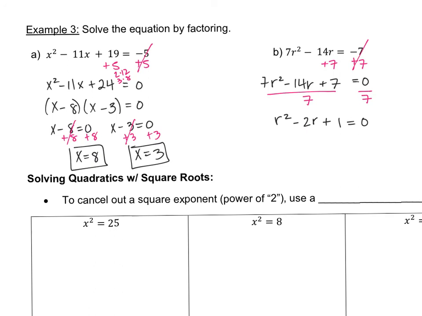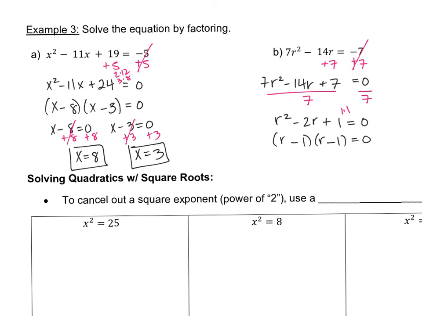Thinking about two numbers that multiply to give me 1, there's only one option, 1 times 1. So this has to be it. So I'll drop down my r's, put down my 1's. Now, again, this is a positive sign, so they're going to be either both positive or both negative, but we can see the middle term's a negative, so they have to be both negatives.